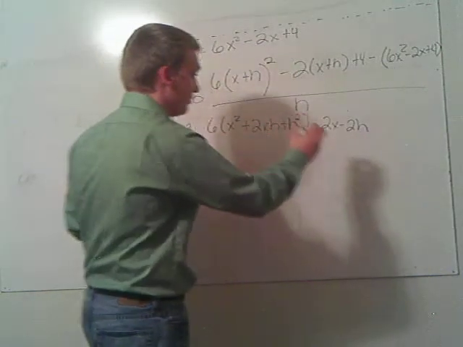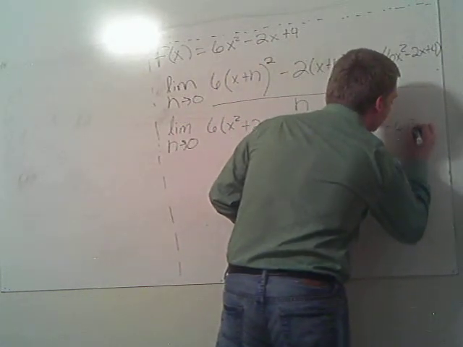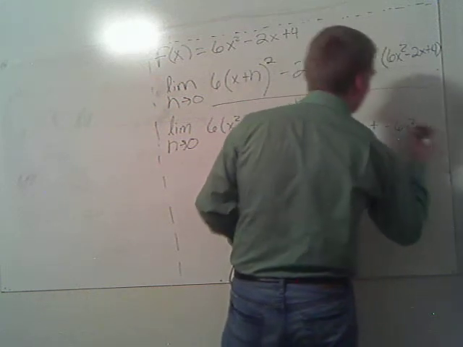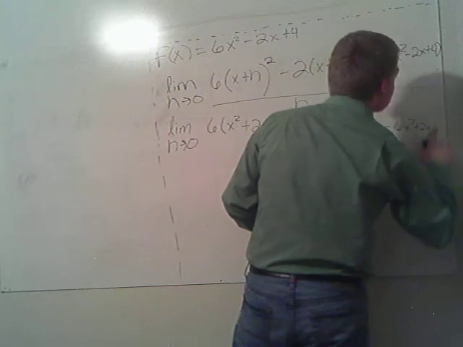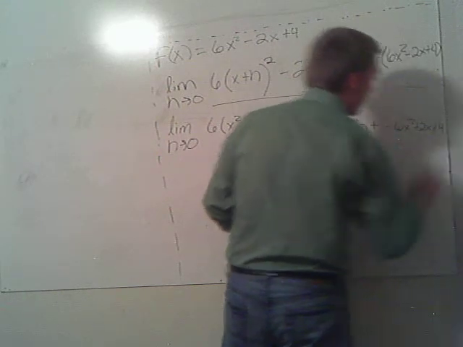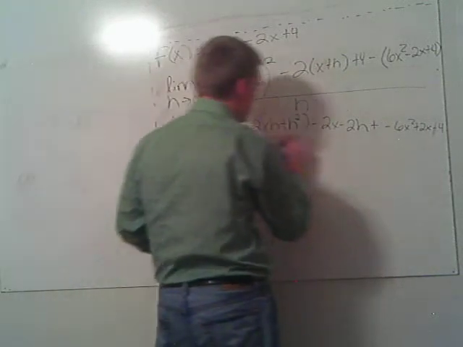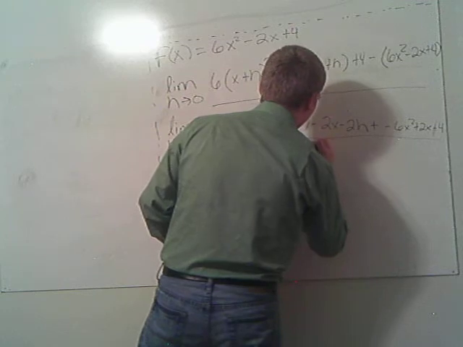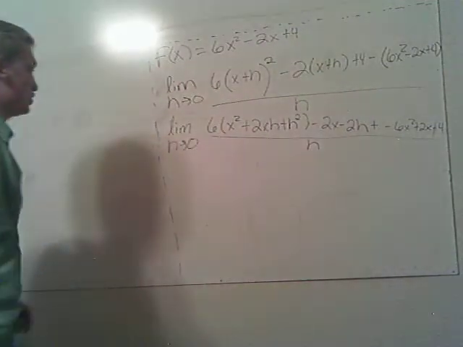We distributed that through. Plus 4 minus 6x squared plus 2x minus 4. We just distributed that negative 1 through that part of the numerator. And again, this is all over h.